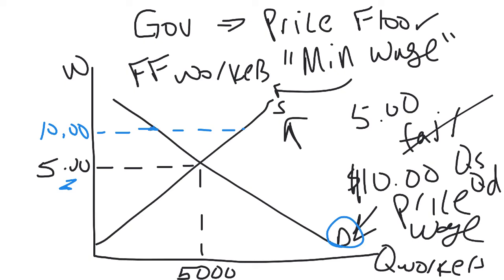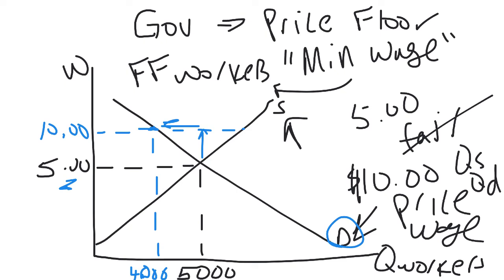Well, the quantity demanded is going to drop from 5,000. As the price goes up, the quantity demanded by firms is going to go down. So we're going to end up with fewer jobs available because businesses don't want to hire as many people at $10 an hour as they do at $5 an hour. So we're going to change that to 4,000. So there's 4,000 jobs available, or the firms are demanding 4,000 people.